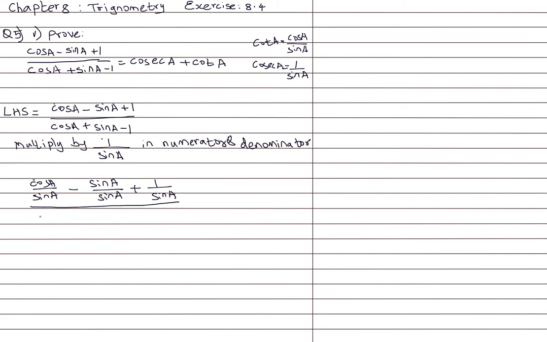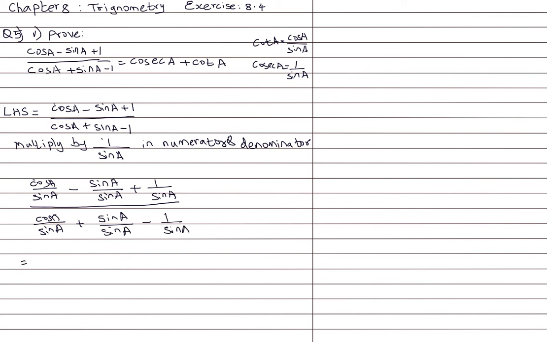Now let's write the denominator. Cos A by sin A plus sin A by sin A minus 1 by sin A.